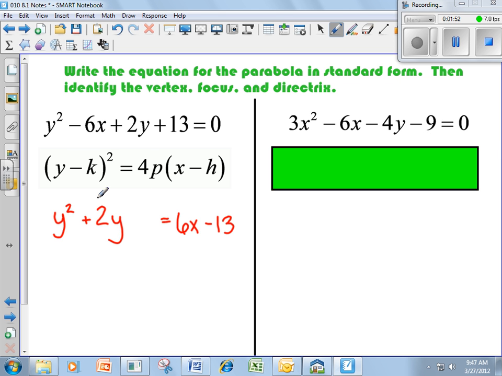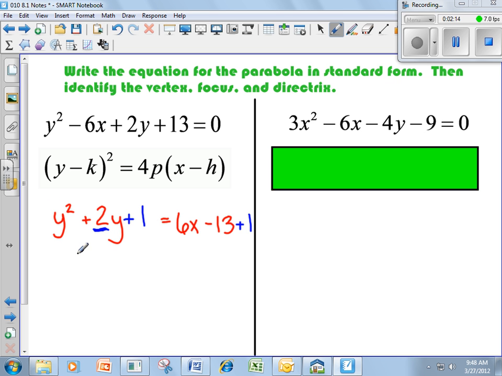Remember, the key step to doing that is to take your b value, divide it by 2, so half of b, and then quantity square that. Half of my b is 1, and when I quantity square that, I get 1. So I'm going to add that 1, not just to the left side, but also to the right side.